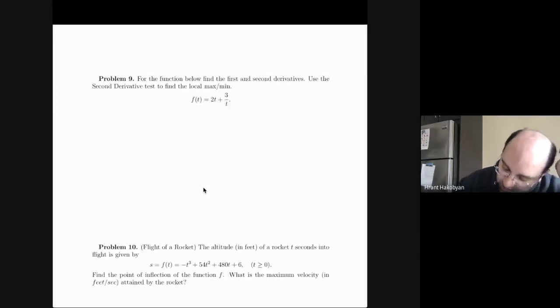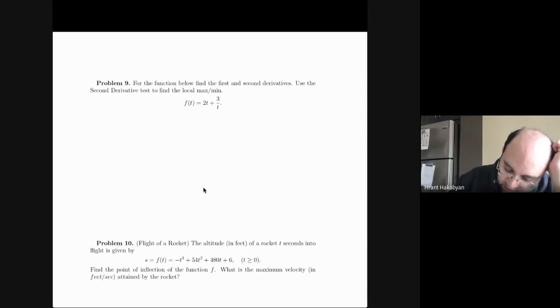So here I have that the first derivative is equal to the derivative of 2t plus 3 over t. So that's equal to 2 plus 3 times t to the power negative 1, right? So let's remember the derivative of that.